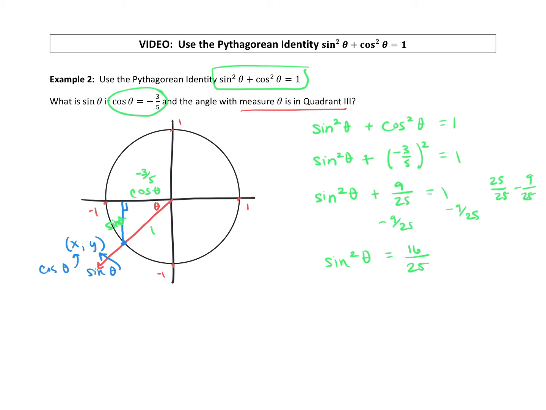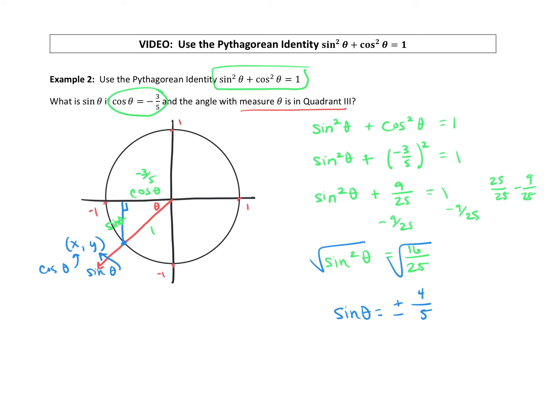16/25. Now, because we have sine squared of theta, we can square root both sides. That leaves us with just sine of theta. Square root of 16 over 25 does have positive and negative values. You would square root the 16 to get 4, square root the 25 to get 5.